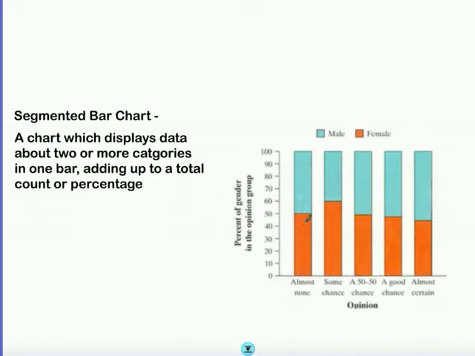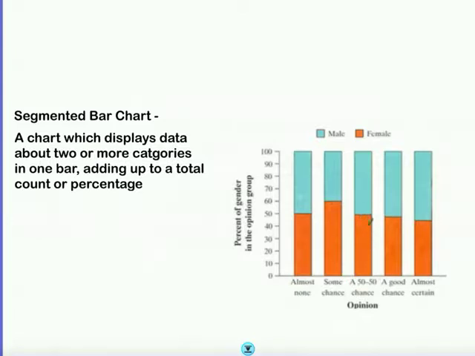So they found out how many females and how many males were among the people that were almost none. When they did that, it was about split for almost none: about 50% female, 50% male. And for some chance, you had about 60% female said that there was some chance, and male said about 40%.